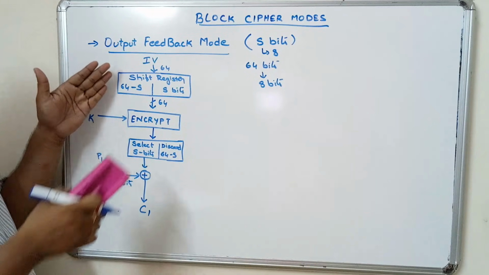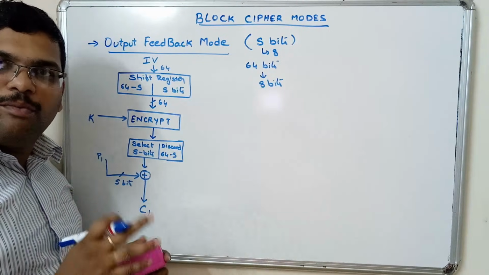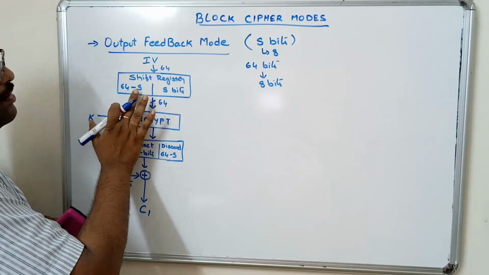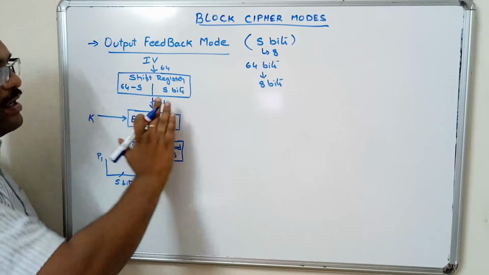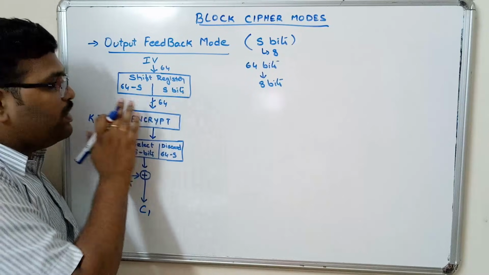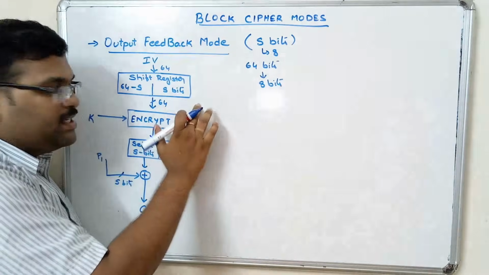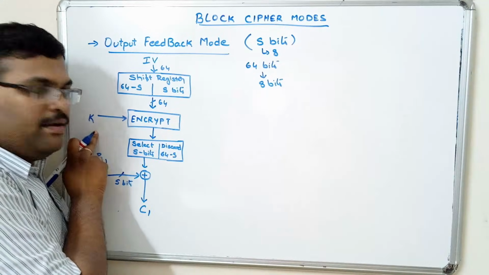So initialize the 64 bits, shift the 64 bits so that the S bits, consider the S bits, divide this into two parts, one is 64 minus S and S bits, and apply the encryption by using some key.